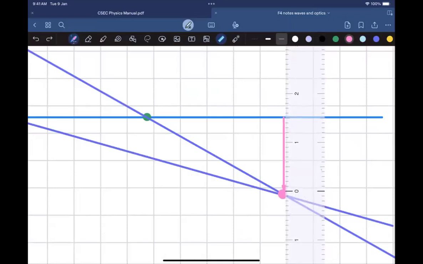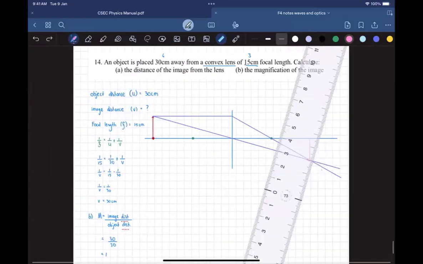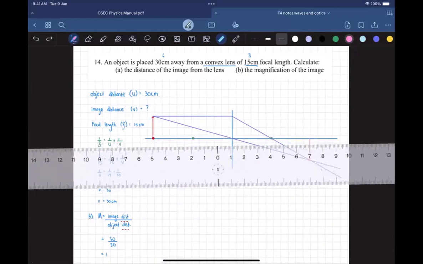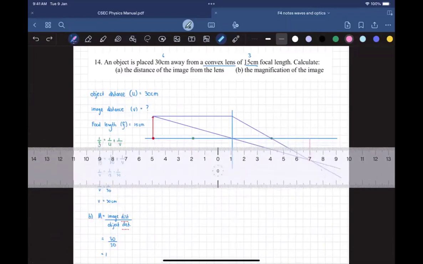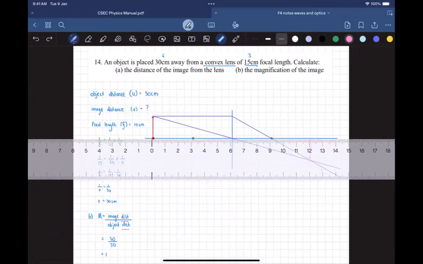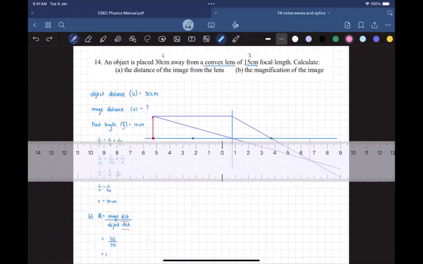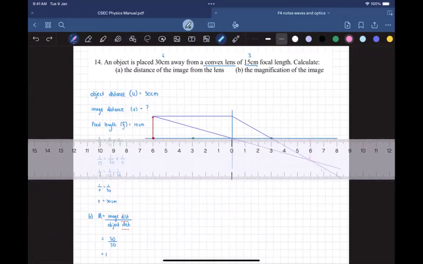About 1.5. Correct. And if we measure the distances from the optical center, it should be the same, right? This should be 6. And how much should this be? It would be 6. Bam. Look at that.